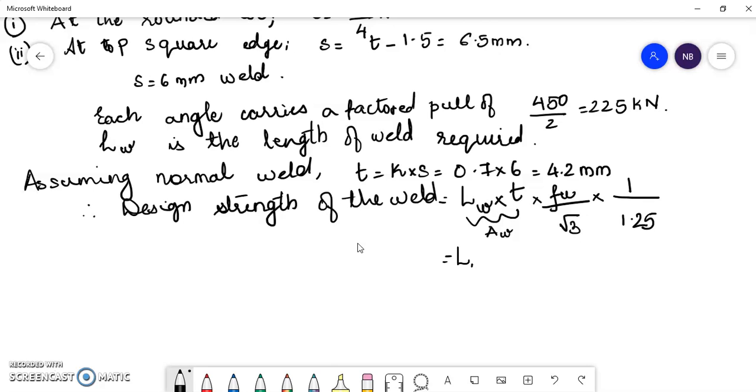Let us substitute the values that we know. FU in case of rolled sections is 410 Newton per mm square.